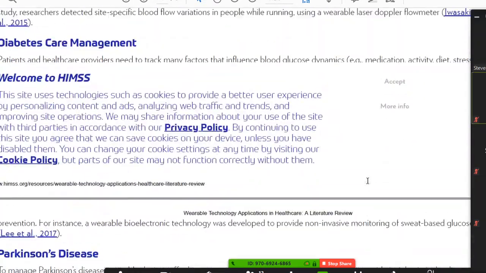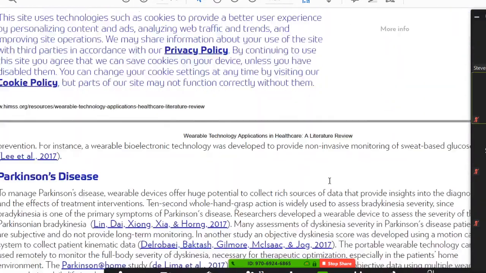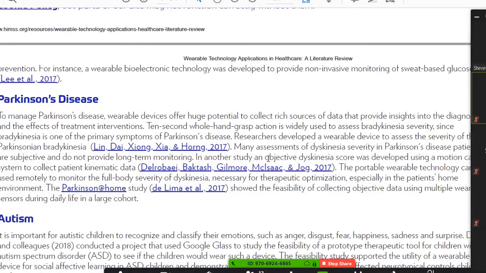And so they have diabetes care management and Parkinson's. Before, we developed a method using IMU and EEG to predict the freezing, because in Parkinson's disease the most difficult thing for patients is that they freeze. When they freeze, they feel very much pain and difficulty.